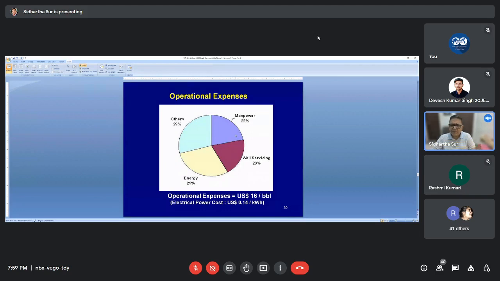Obviously, in PSUs it is man intensive, so it formed 22%, well servicing 20%, but running the compressor was around 1/3 of the $16 per barrel. Almost $5 per barrel cost was on running the air compressors. These are huge air compressors. You have to inject 1 million standard cubic meter of air inside the reservoirs.